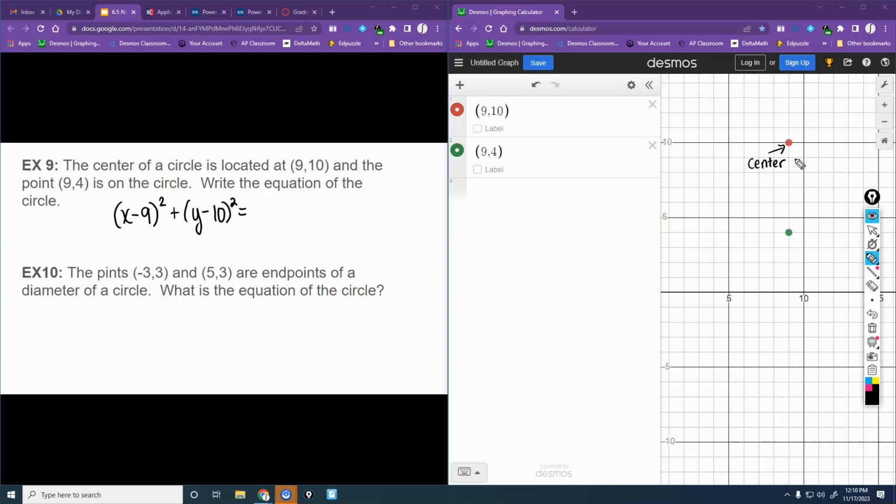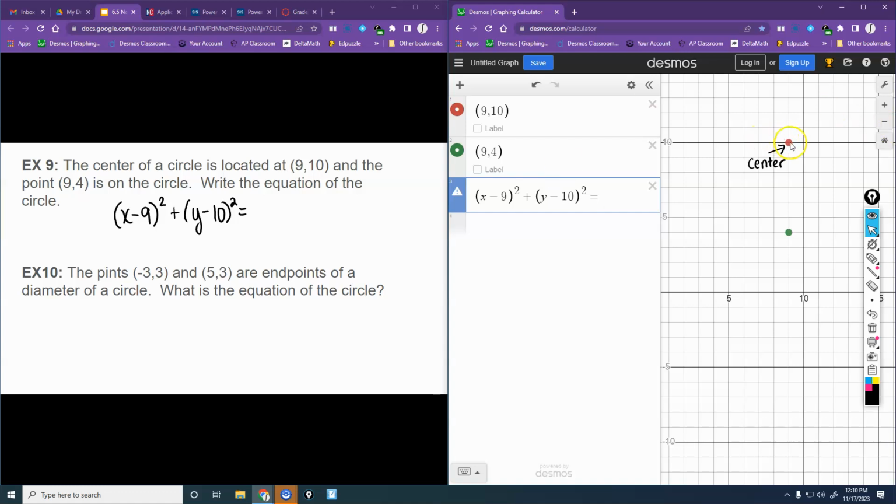So, to do this, there's a few things that you can do. I'm going to type in my equation, x minus 9 squared plus y minus 10 squared equals, I don't know what that radius is supposed to be necessarily, so there's a couple of things you could do.